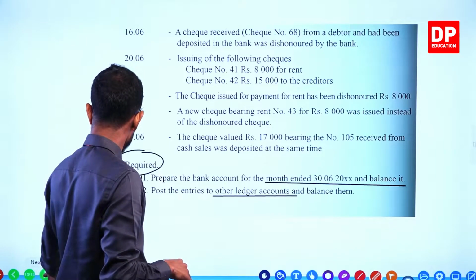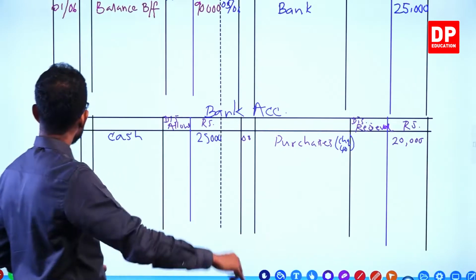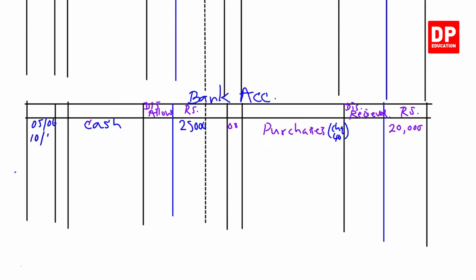Check number 68, bank debit. Check number 68, 12,000. Cash credit.